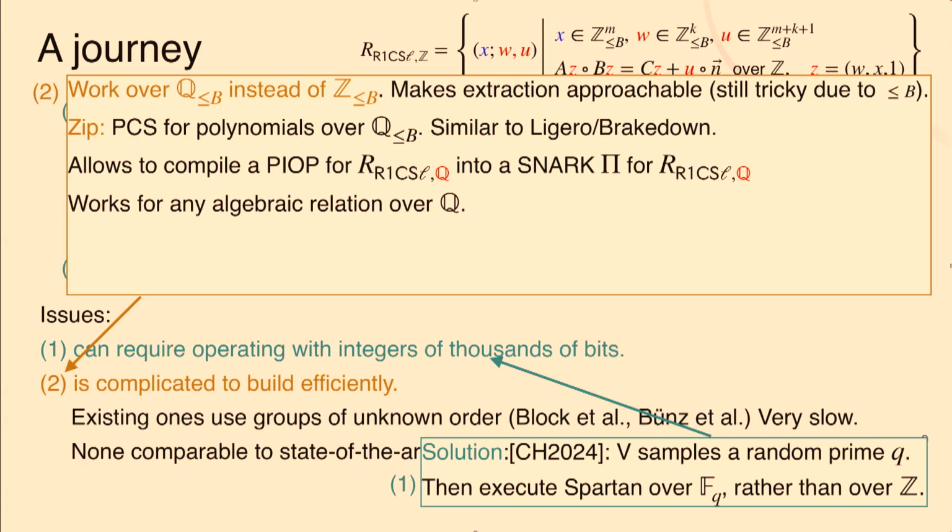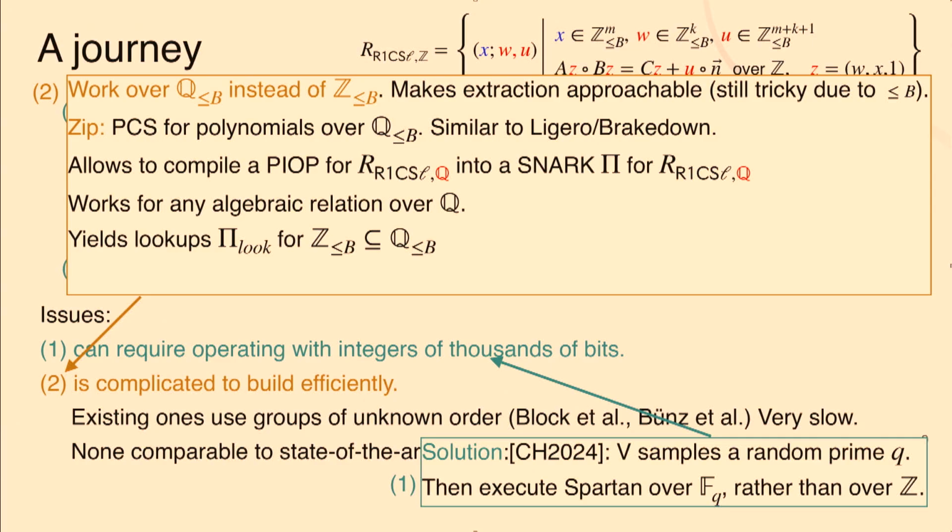I started with the R1CS and so on, but all this really works for any relation that can be described with polynomial equations. So we have a SNARK for any relation that is polynomial equations over rationals. In particular, we have lookups over rationals, because lookups can be expressed with polynomial equations. It's not completely obvious if you haven't seen it, but you can do it.